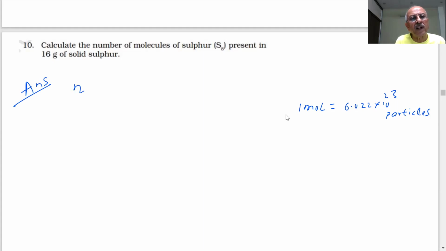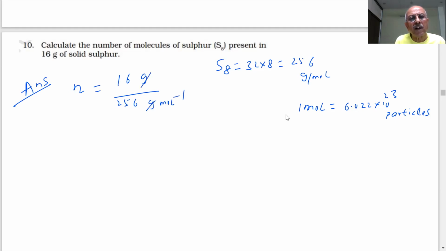How many moles will be there? 16 gram, and you have S8. What is the molar mass of S8? 256 gram per mole. What is the answer? How many moles?